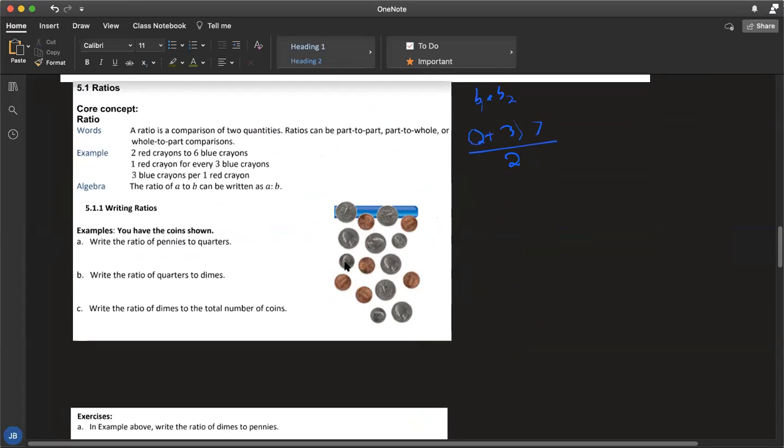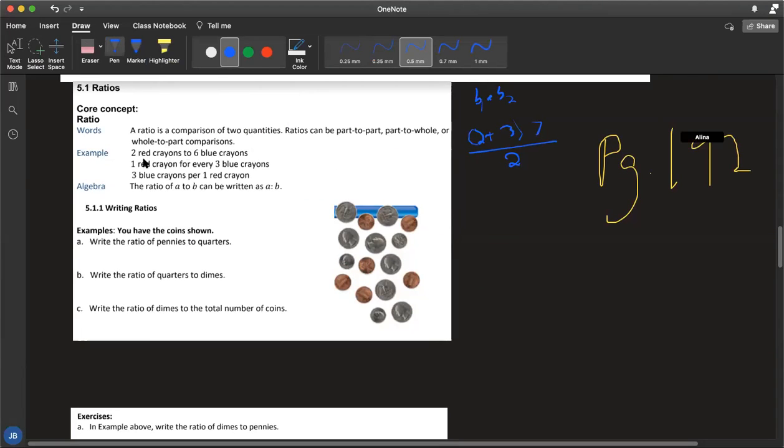In words, a ratio is a comparison of two quantities. They can be part to part, part to whole, or whole to part comparisons. Some examples: we can have 2 red crayons to 6 blue crayons. That would be part to part because there are 2 different parts, a red and a blue.